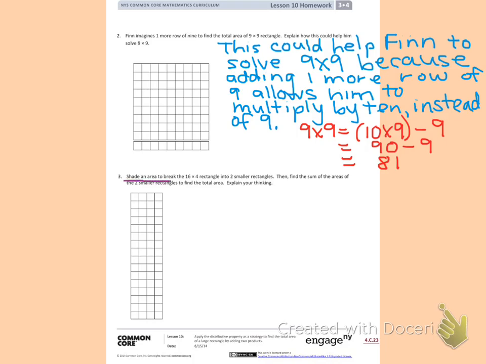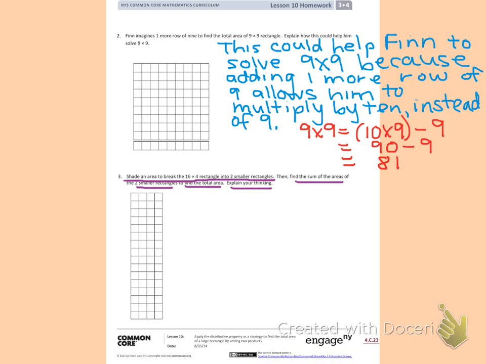All right, how will I break this 16 by 4 rectangle into two smaller rectangles?